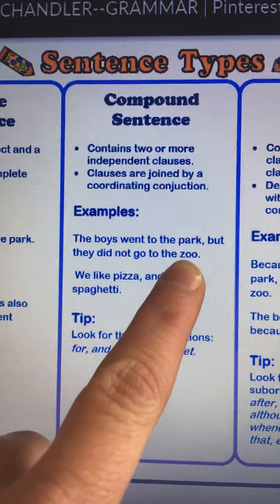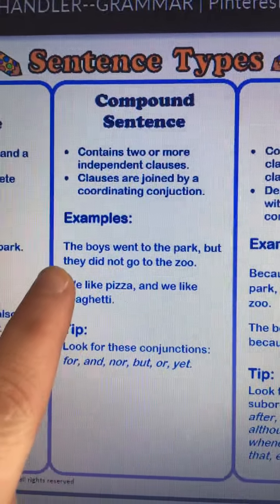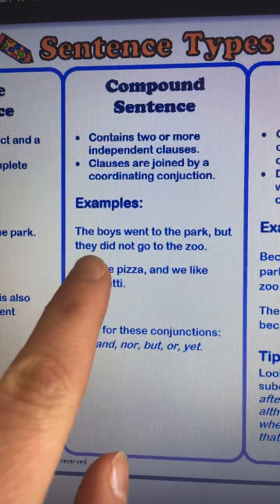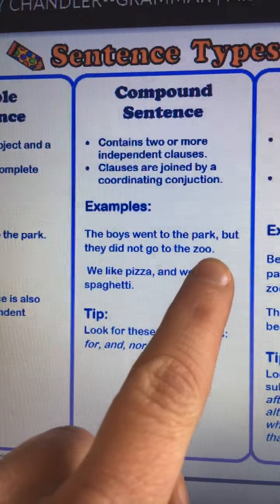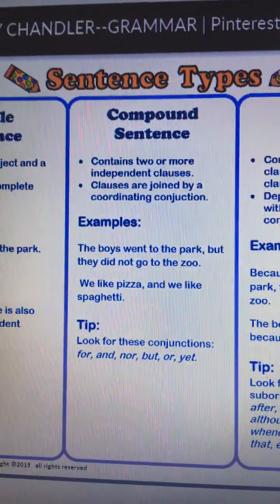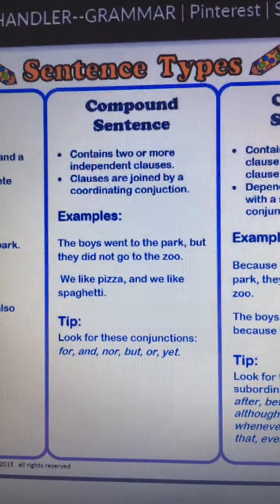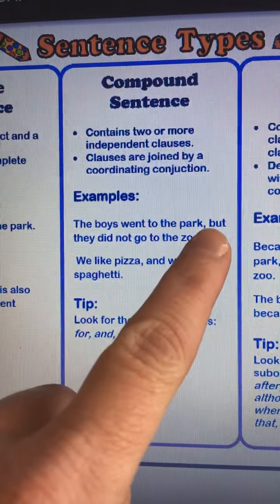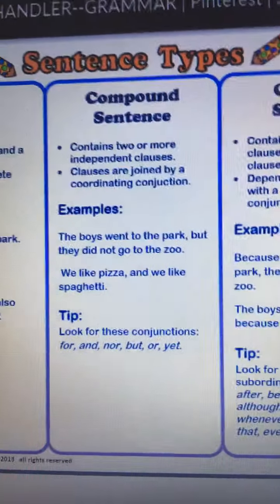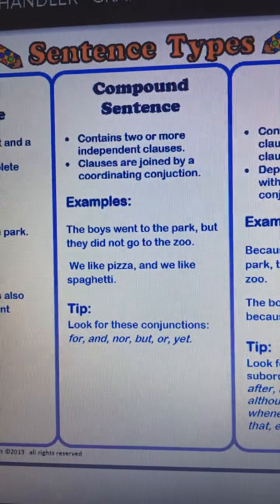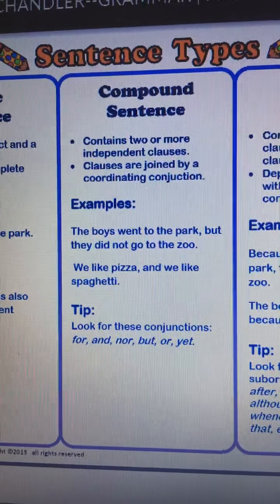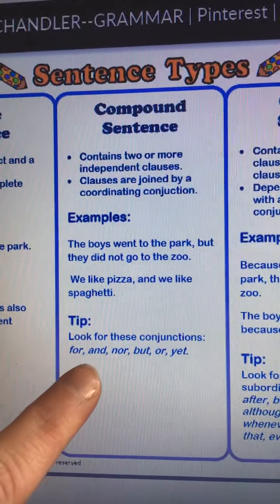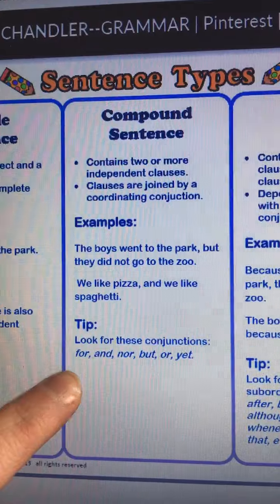Our 2 completely separate ideas would be, the boys went to the park, period. They did not go to the zoo, period. That gives you 2 separate ideas, but they're not connected. To turn it into a compound sentence, we use a connecting word. We call them conjunctions. Words like but, so, for, and, okay, and we can see those examples down below.